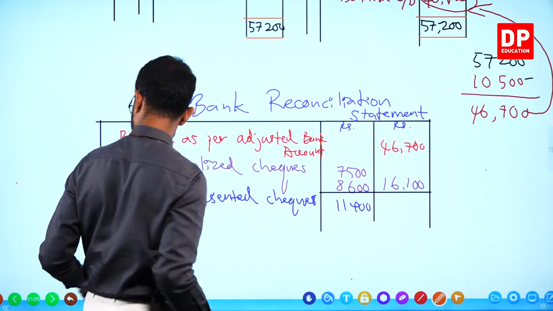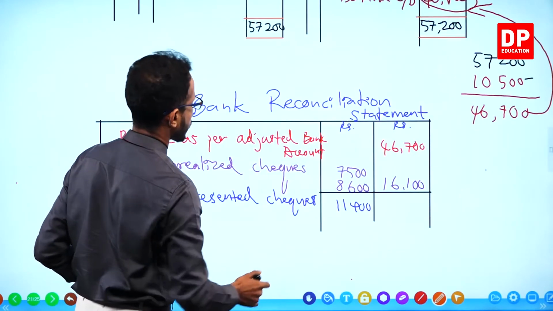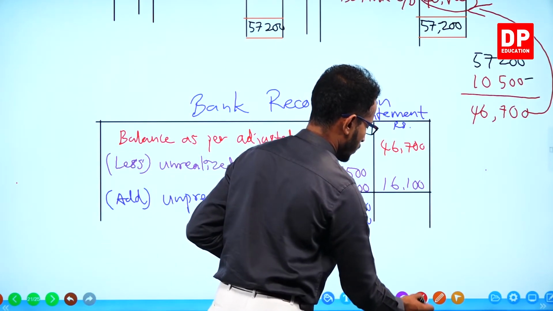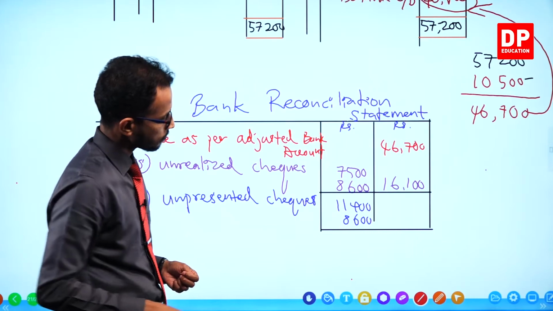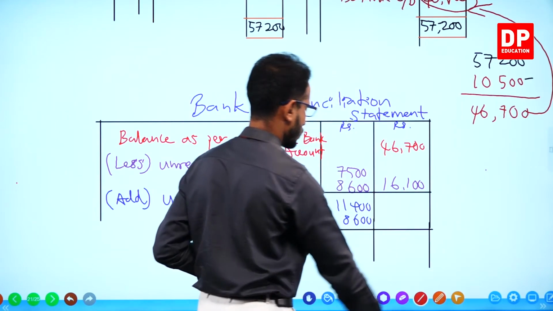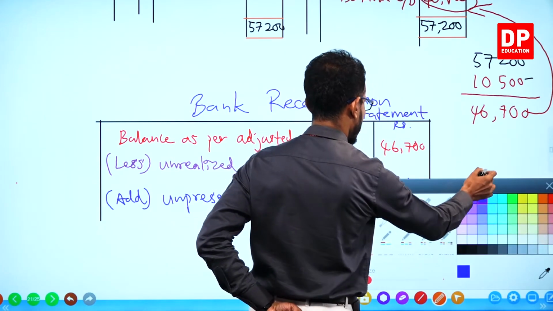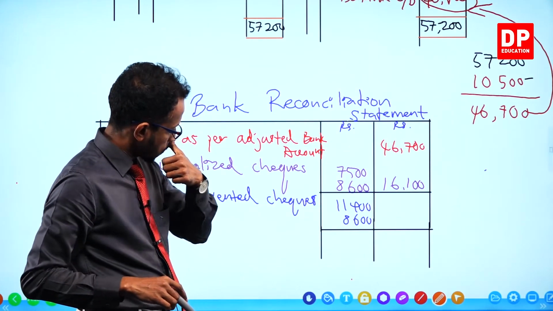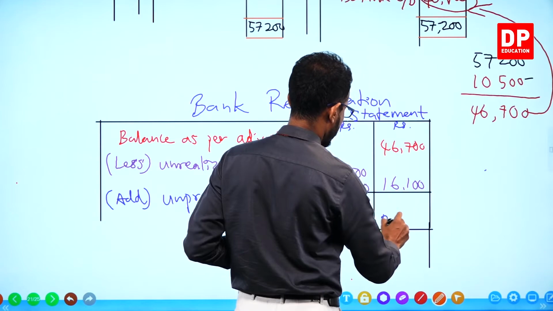Take the total to the next column. What is the total? $11,400 plus 8,600 becomes 20,000.